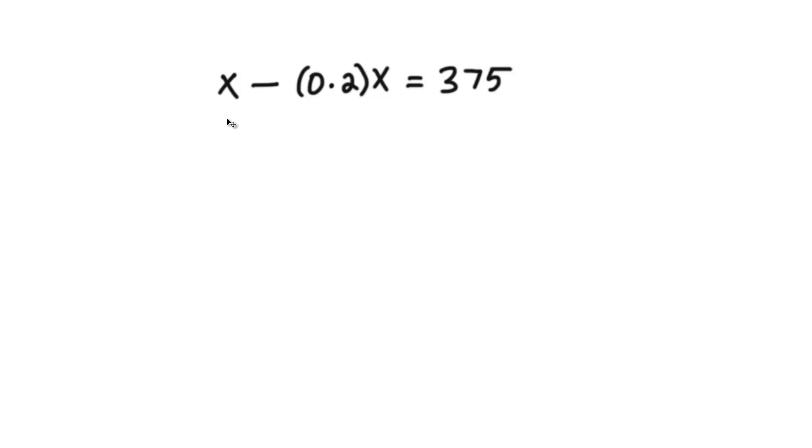Now we can solve for X. So we know that there's a 1 here. So 1 minus 0.2 is going to be 0.8X, and that's going to equal 375. And then all you have to do now is divide both sides by 0.8.